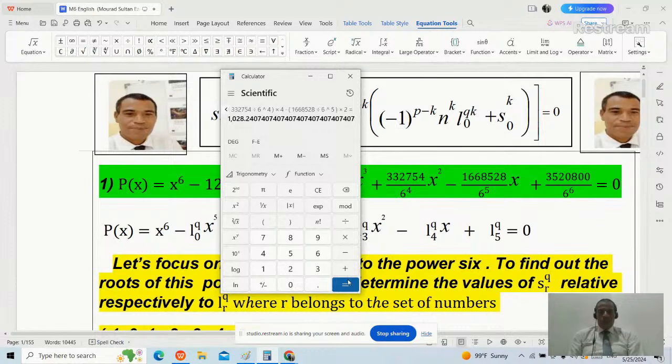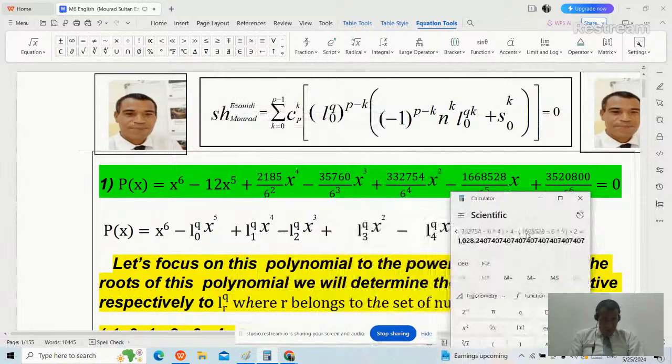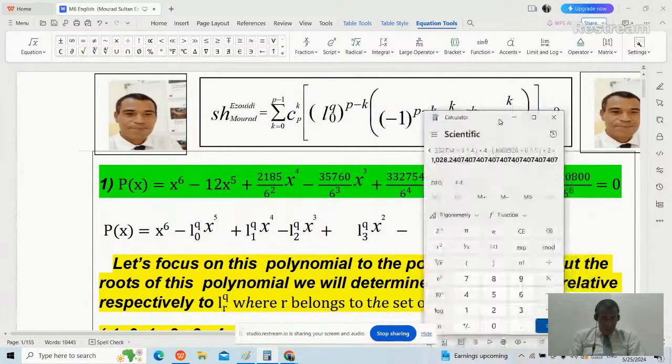Equal, okay, we make minus 1 and minus 1668 with 65 times 2, equal, just make it plus for the plus any number, plus 0, equal 0.